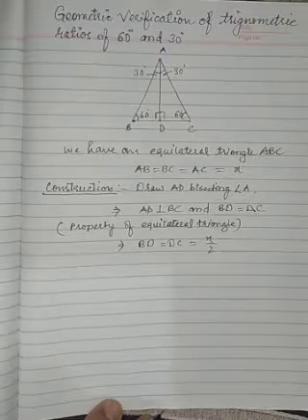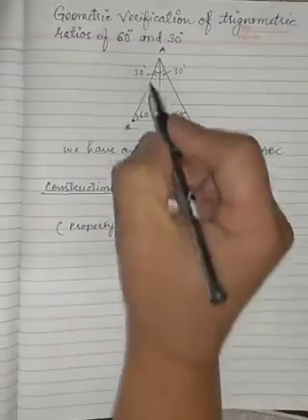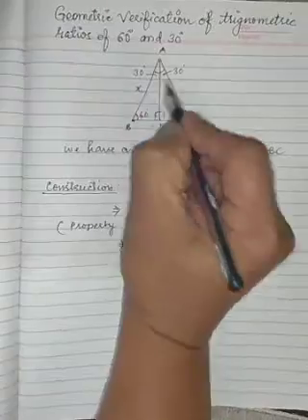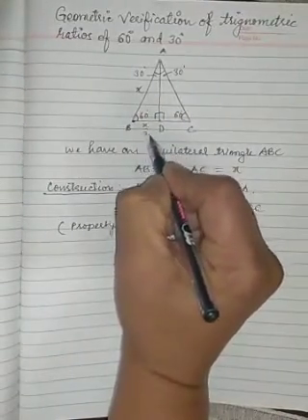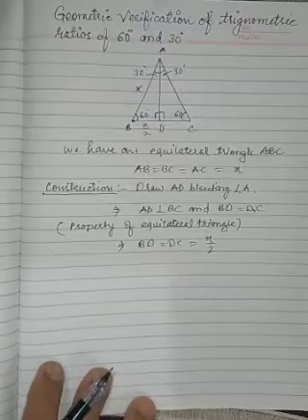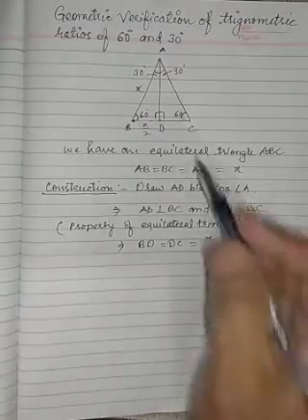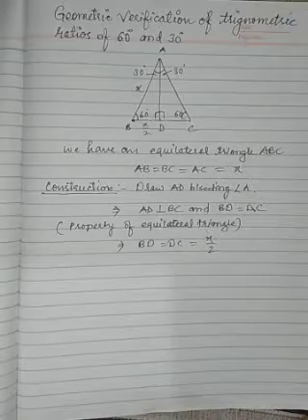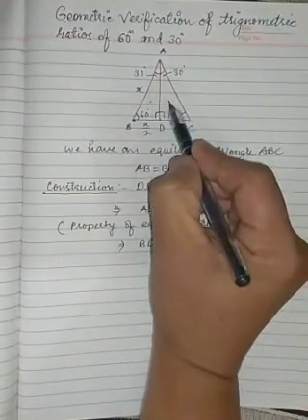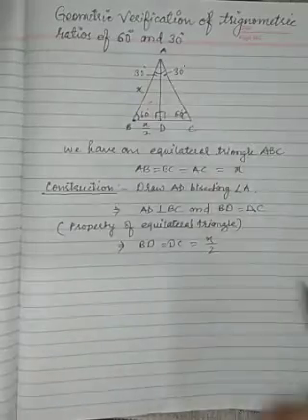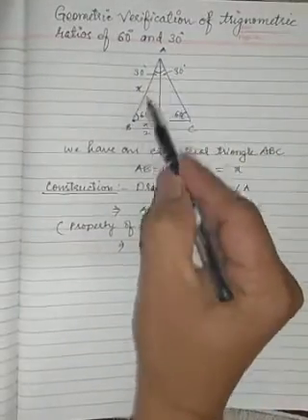So we have the length of AB equal to x, and the length of BD equal to x by 2. So by applying Pythagoras theorem, you can find out the length of AD. For this you can use either this triangle or this triangle. It's your choice. I am going to use triangle ABD.